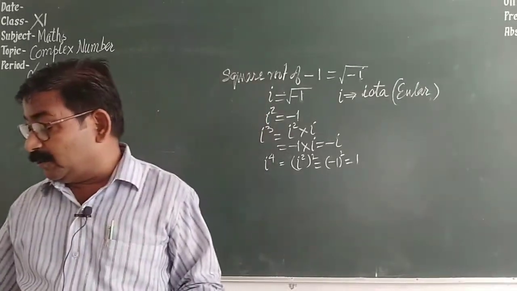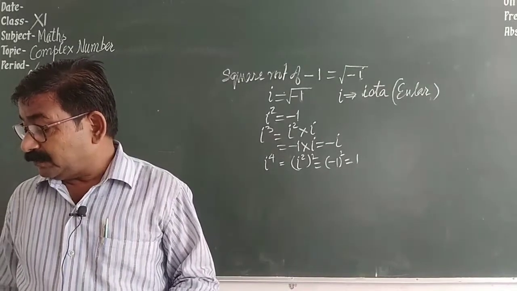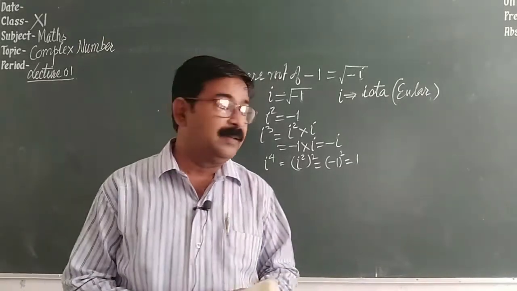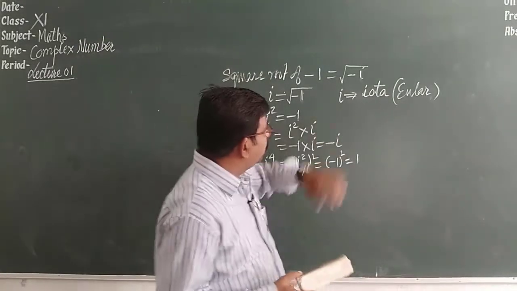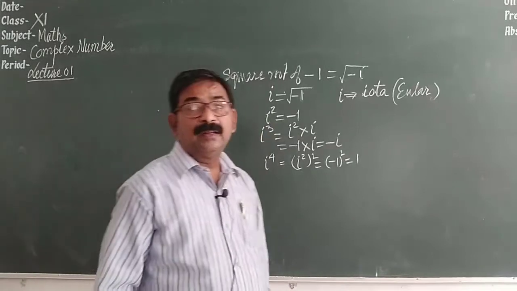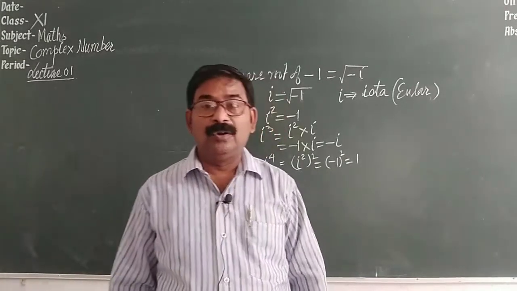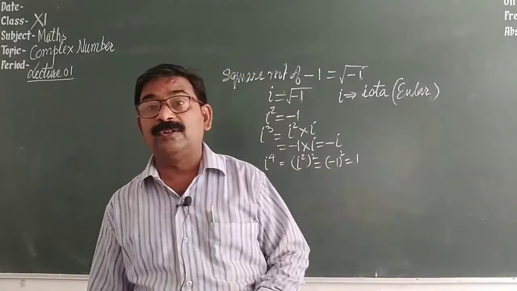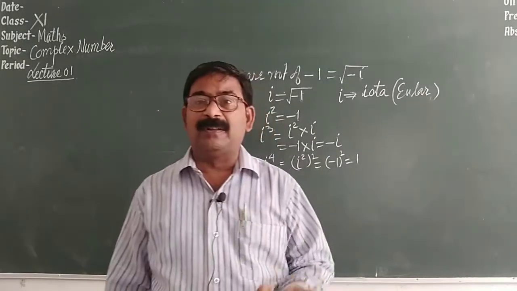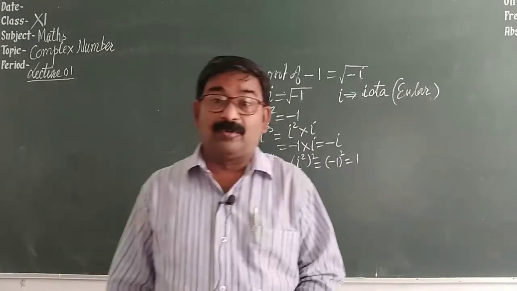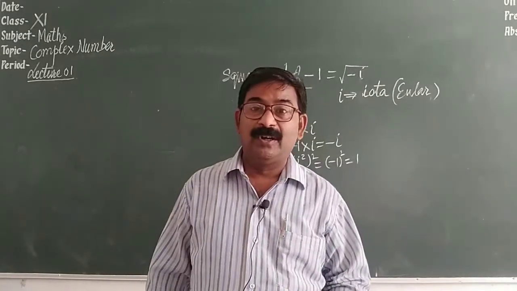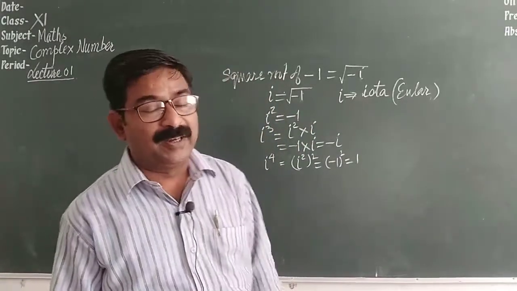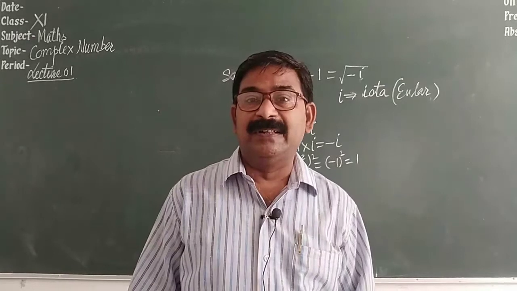But here I am telling you that the square root of minus 1 is iota, and this iota is neither equal to 0 nor less than 0 nor more than 0. Then what kind of number is this? So simply you can say that this is an imaginary number.